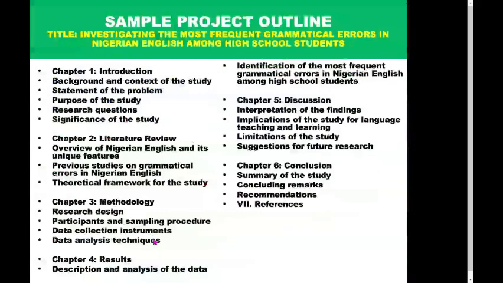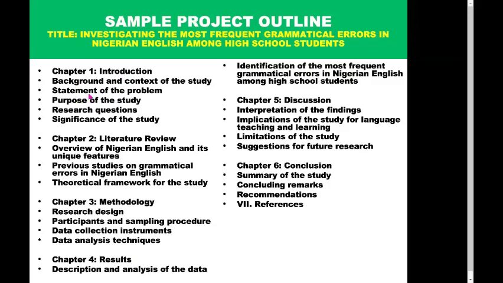Let's first take a look at a sample project outline. The title is Investigating the Most Frequent Grammatical Errors in Nigerian English Among High School Students. Now, taking a look at this sample project outline, you can see that the project is divided into chapters, beginning with chapter 1, which is the introduction.